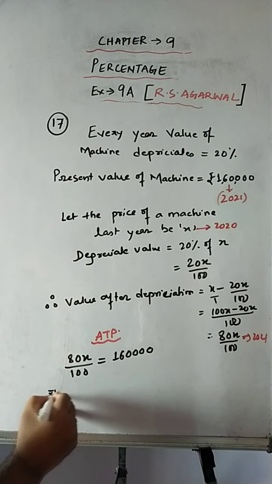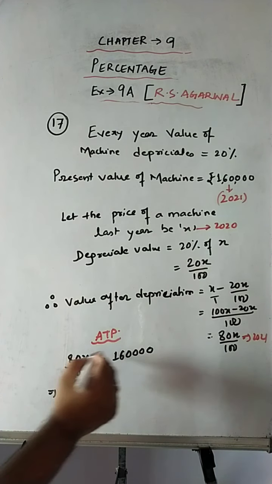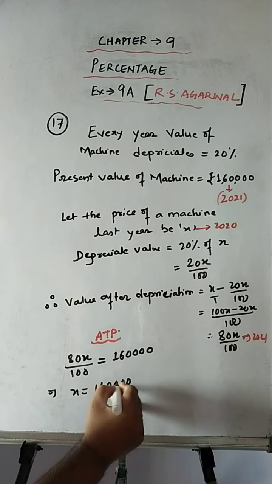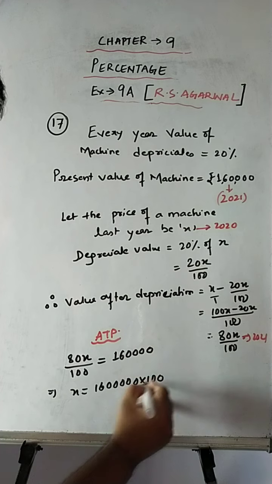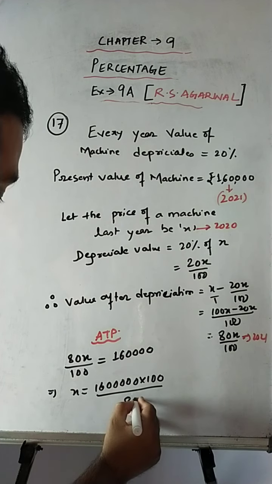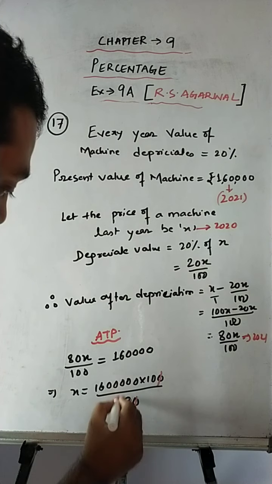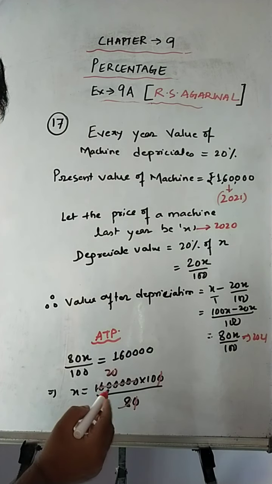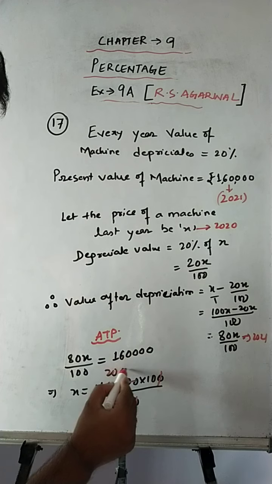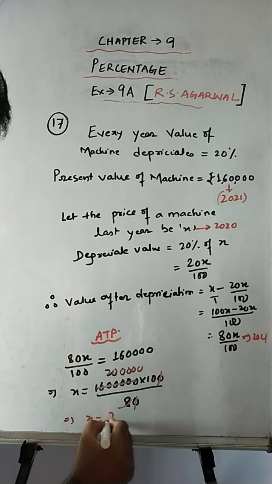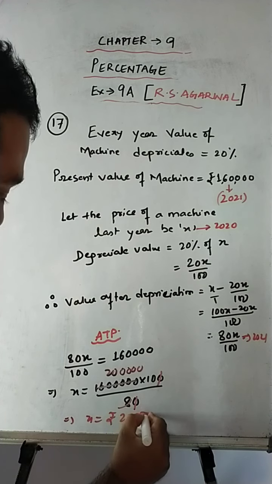Now X would be equal to, we'll transpose the 80 to this side, so 1,60,000 into 100 by 80. If you reduce this, 8 twenties are 160, so X would be equal to rupees 2 lakh.